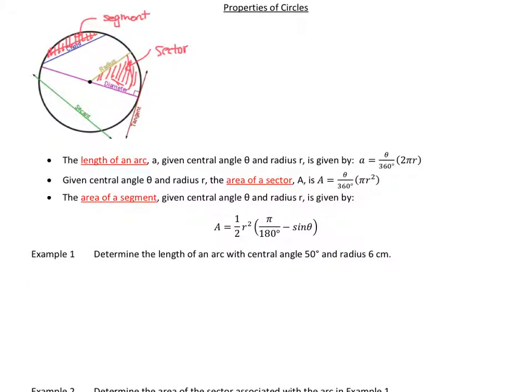So you've got some formulas here. You do not need to memorize these formulas, but I've given you the formulas for the length of an arc, the area of a sector, and the area of a segment. So now you know what we mean by those terms. Oh, I think we didn't add arc to your picture, did we? So let's add that.